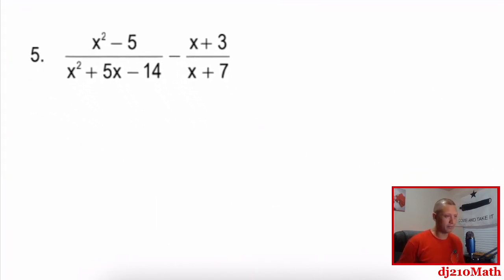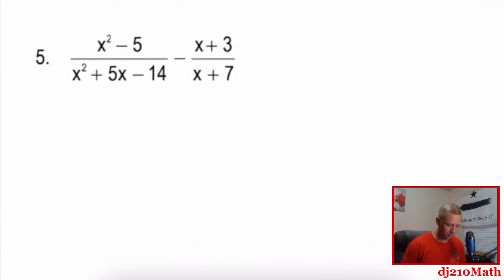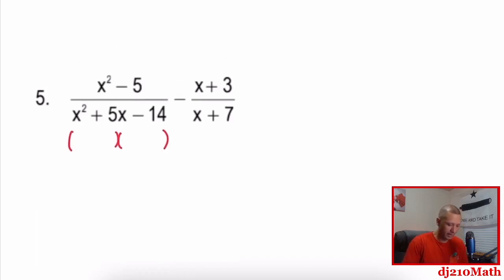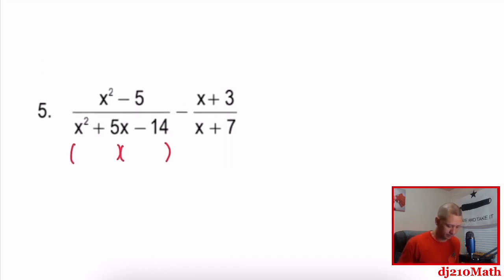Number 5. All right, these definitely get progressively harder. So, top left, x squared minus 5, can't do anything. Bottom left, two numbers that make negative 14 that add up to 5. It's 2 and 7. So positive 7, negative 2.